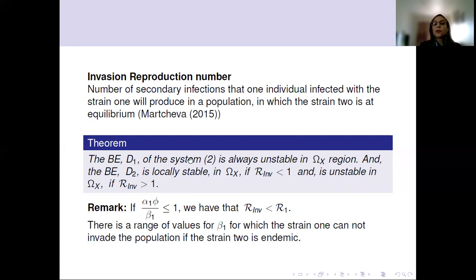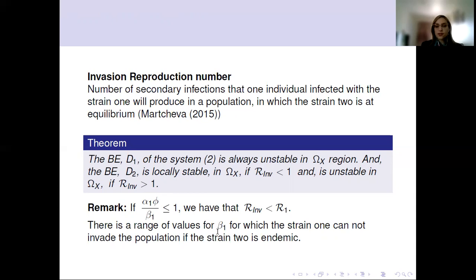One of the boundary equilibria will always be unstable, while the invasion reproduction number is going to define whether the other boundary equilibrium will be stable or not. If the invasion reproduction number is less than 1, then it will be stable, and if it's bigger than 1, then it will be unstable.